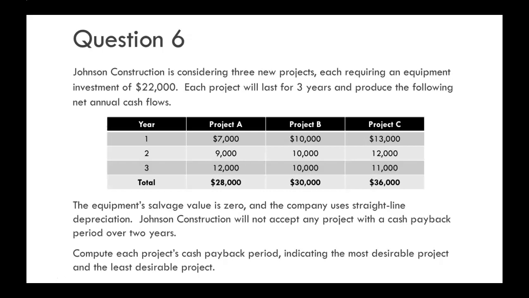So we have a chart there showing how much cash we're getting each year based off of Project A, Project B, and Project C. It says the equipment's salvage value is 0, and the company uses straight-line depreciation. Johnson Construction will not accept any project with a cash payback period over 2 years. So we need to figure out each project's cash payback period and then indicate which project is the most desirable and which is the least desirable.